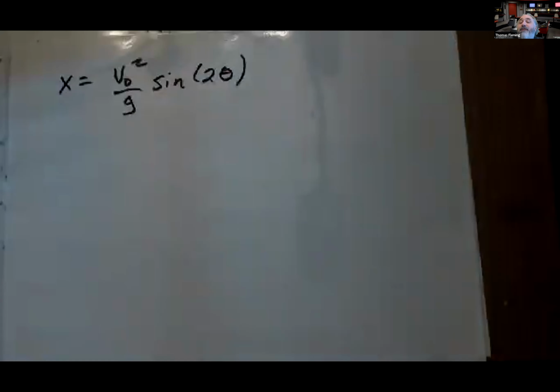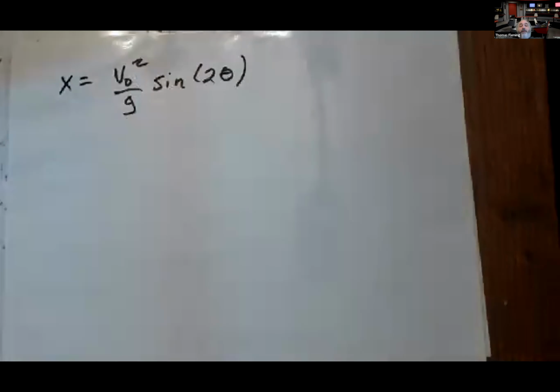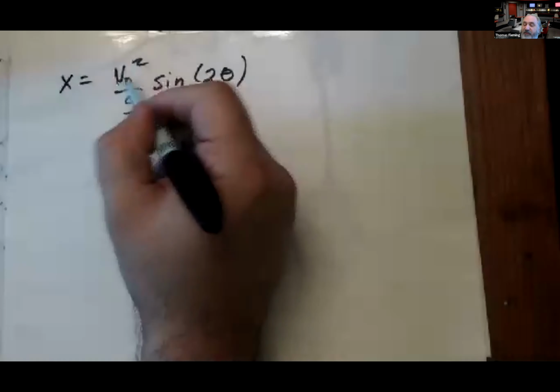I could choose whatever angle I want to make that throw. What angle would be best to choose? Well, obviously, if I'm trying to throw it as far as possible, I'm going to throw it with as much velocity as I can muster, right? That's going to be limited by how strong my throwing arm is. But if I throw it as hard as possible, this number will be the biggest I can possibly make it.